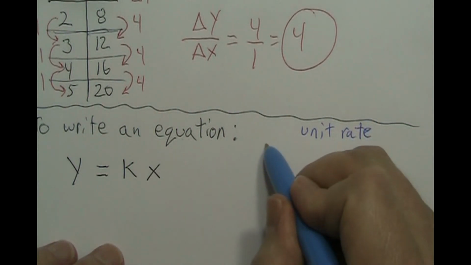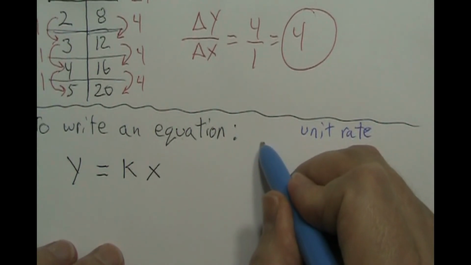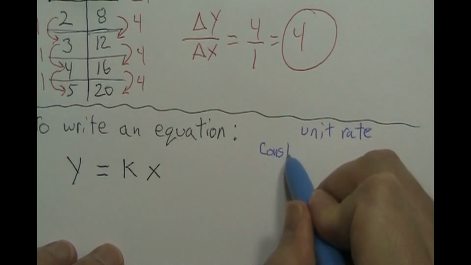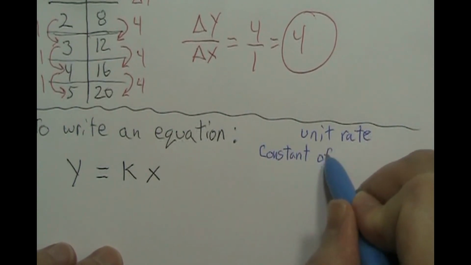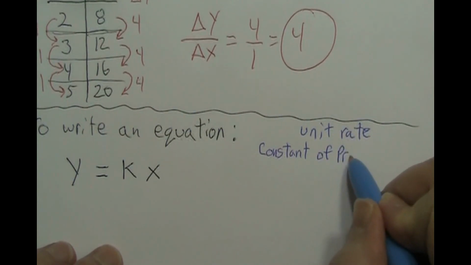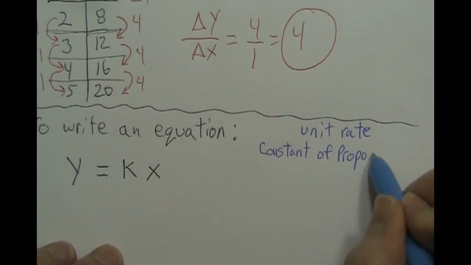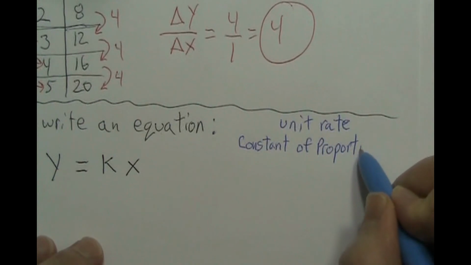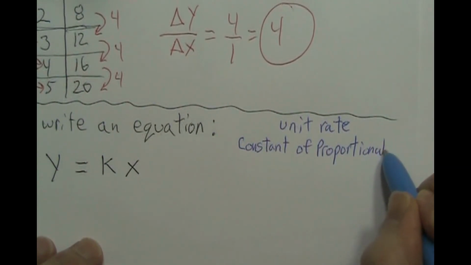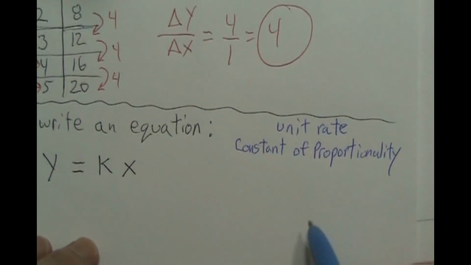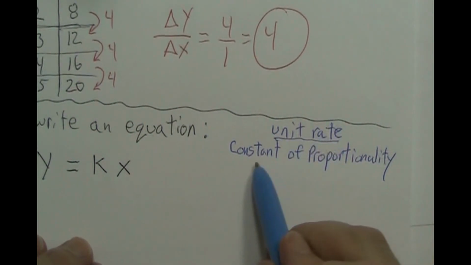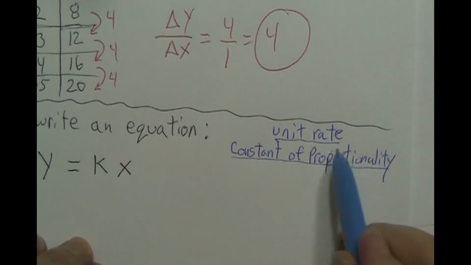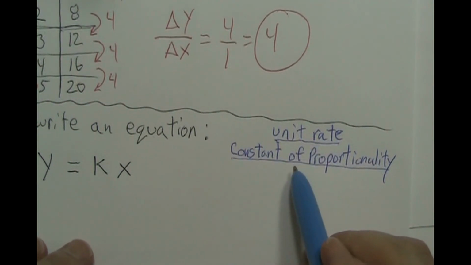I'm going to spell it out though because I need practice. Constant of proportionality. These two things mean the same.